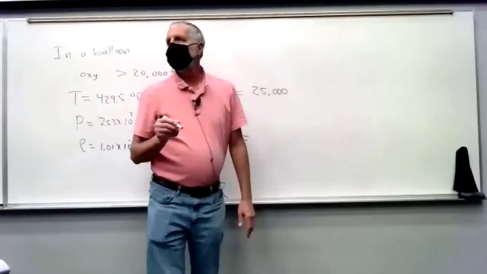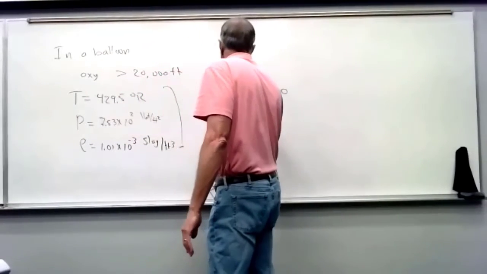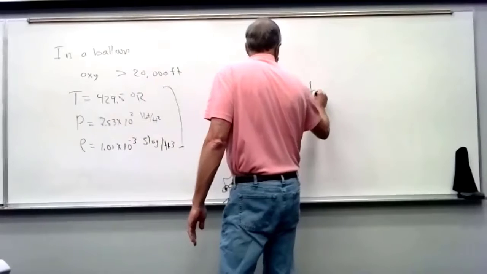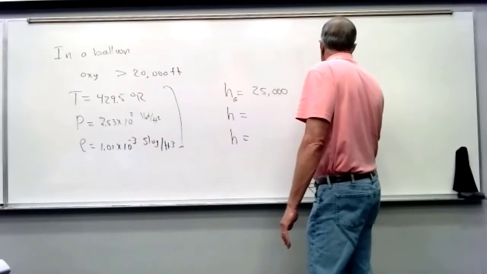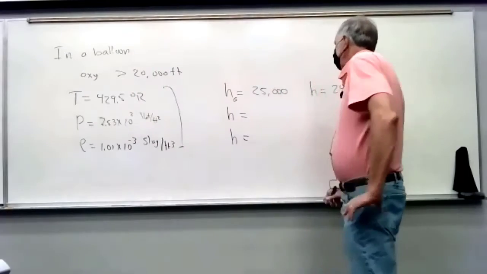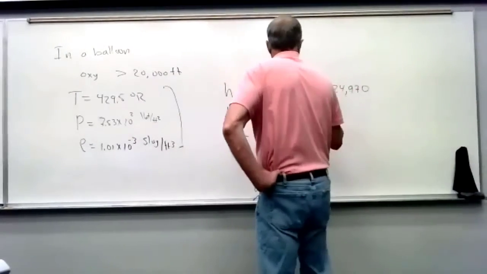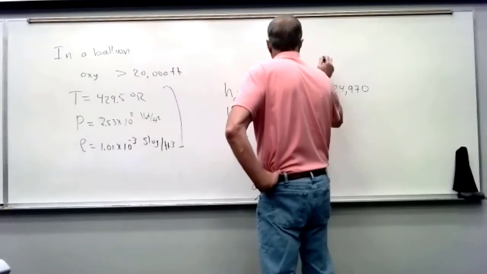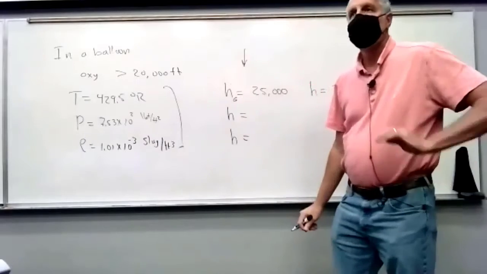Is that H or H sub G? That's H sub G. What does it list for H? And so there you can see the difference. So this is H assuming constant gravity, and this is the actual value that we want to use.